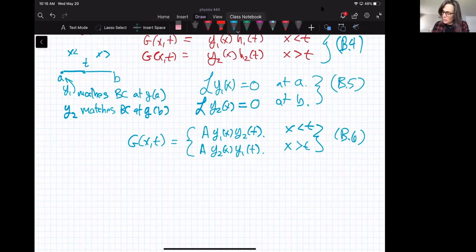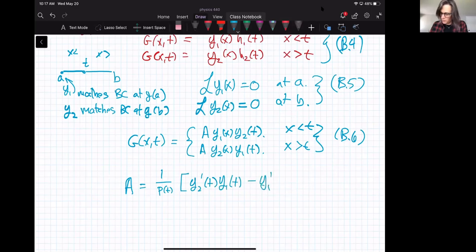In other words, if we go back to the original definition of the Wronskian, we can write that A for any of these Green's functions is equal to 1 over p of t times y2 prime of t, y1 of t, minus y1 prime of t, y2 of t, to the minus 1.